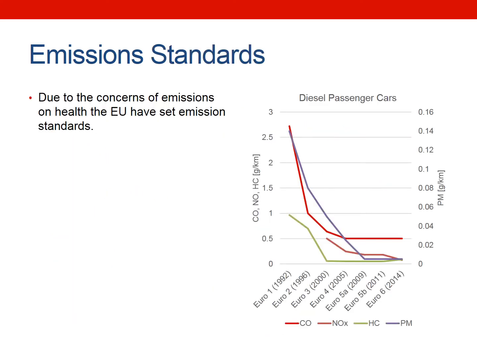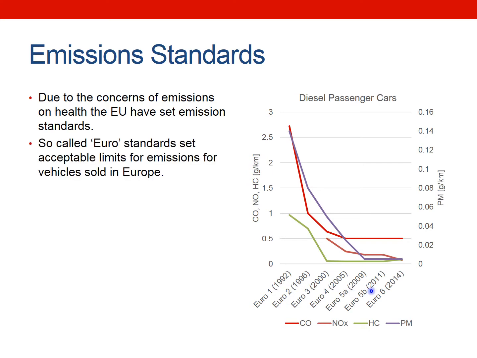Okay, so in terms of those emissions, the EU have set emission standards on carbon monoxide, nitrogen oxides, hydrocarbons, and particulate matter as well. This graph shows how they've come down over the years.